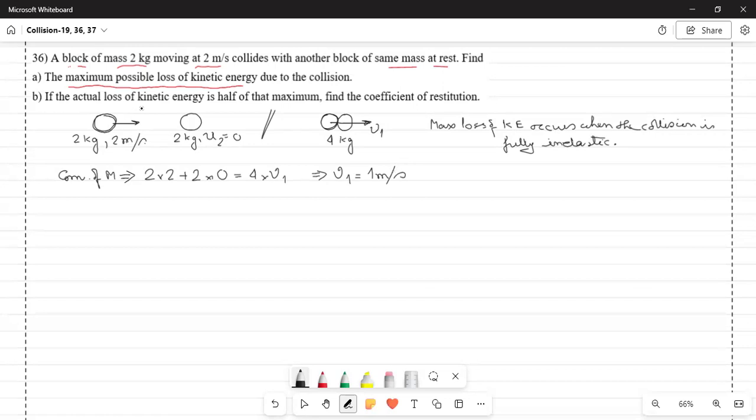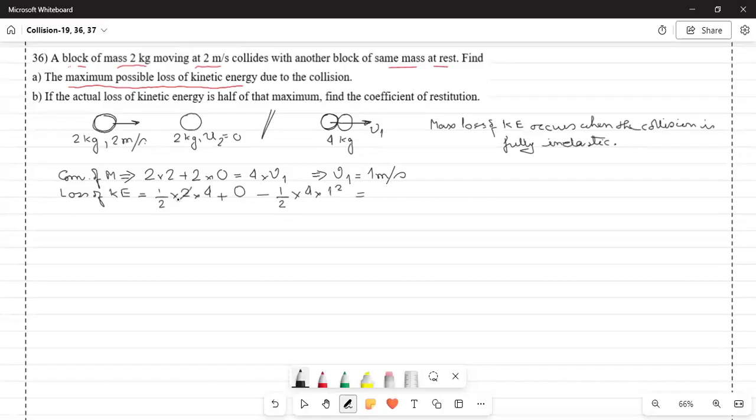Then find the maximum possible loss of kinetic energy. So what is the loss of kinetic energy? Loss of kinetic energy is equal to the initial kinetic energy, for mass m1, half m v square, v was 2, so half into 4, the second body was static so its kinetic energy was 0, minus the final kinetic energy, half, total mass is 4, into its velocity is 1, so 1 square.